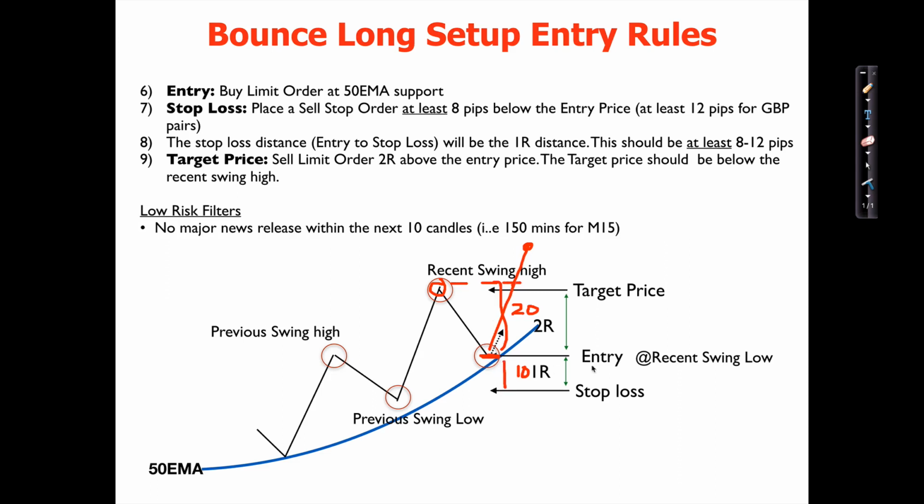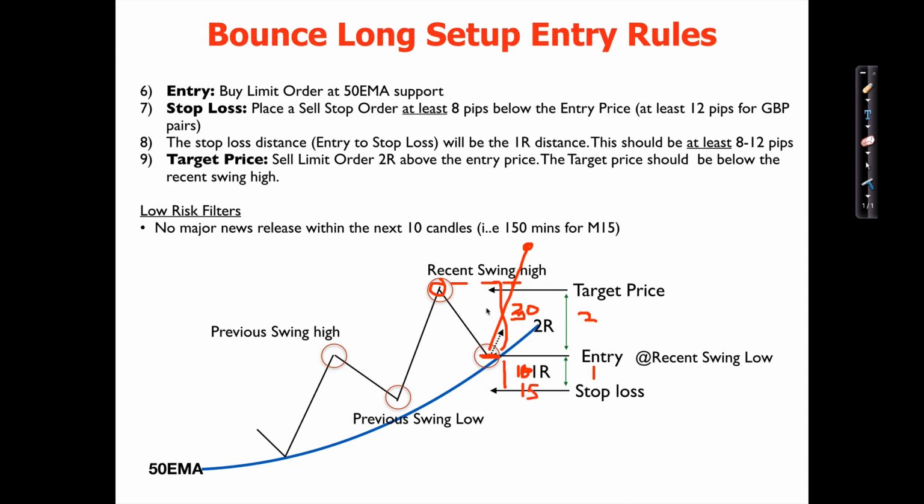That's right, because I'm aiming for 1 is to 2. Got it? All right, so now at the same time, if I measure and I find that, hey, from the 50 moving average to the recent swing high is 30 pips, for example. Where do you think I'll put my stop loss? That's right, divide by 2, I'll put my stop loss at 15 pips.